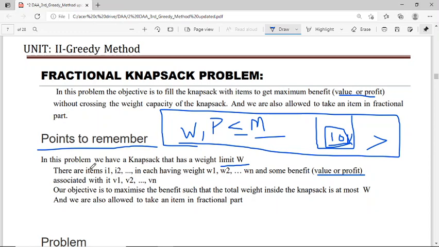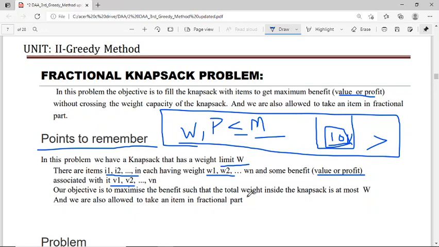So three things are there: the item number, the weight, and the value or profit. Our objective is to maximize the benefit such that the total weight inside the knapsack is at most W, and we are also allowed to take items in fractions.